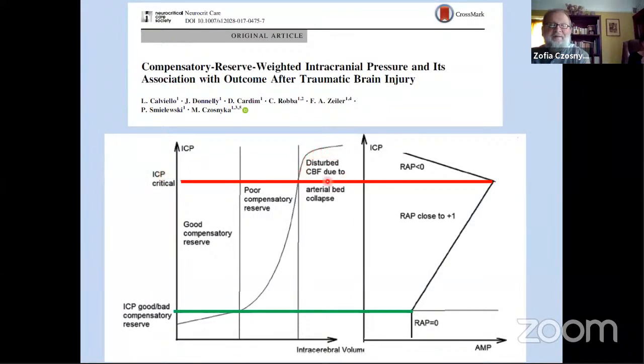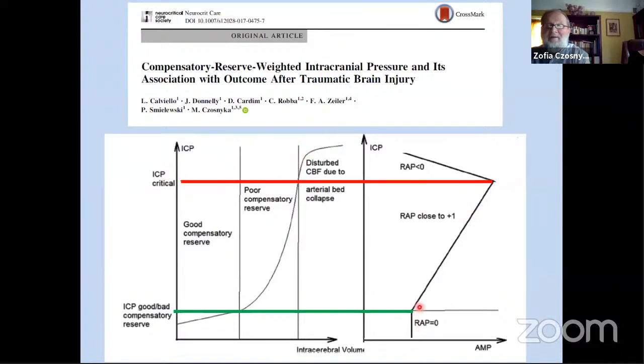What does it mean? It means that the brain receives extra compliance. This extra compliance is the compliance of collapsing arterial vessels. Intracranial pressure here is very high and cerebral perfusion pressure is very low when this compliance occurs.